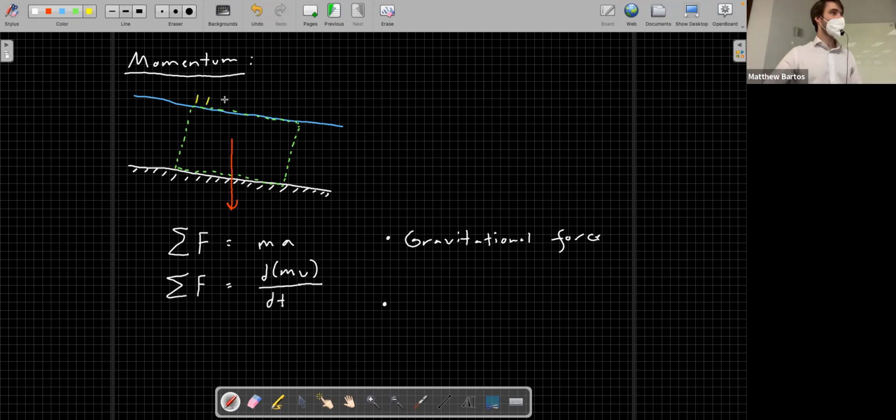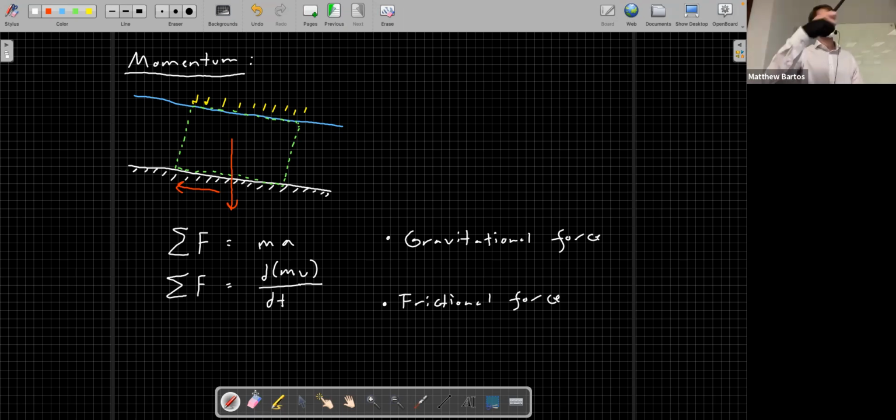So I can just draw that. Atmospheric pressure will be acting normal to the surface. And what we're primarily interested in is the force balance in the longitudinal direction throughout the channel. Friction, that's another one. So friction will be acting this way. Are there any other forces we can think of?